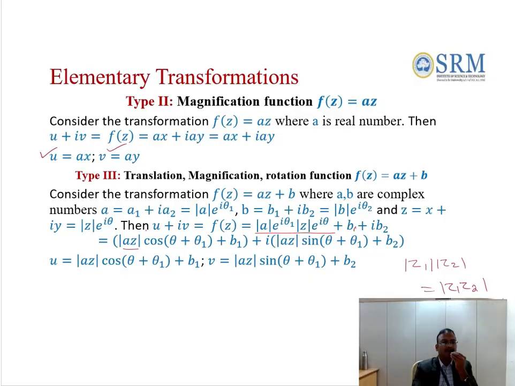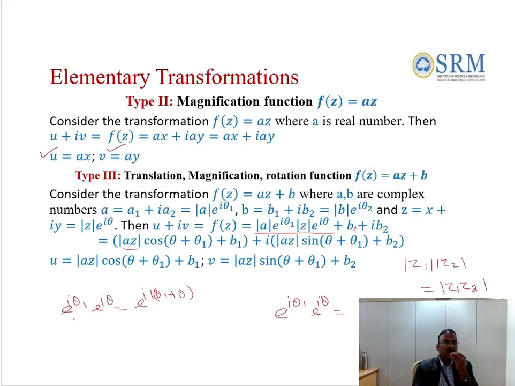By using this property, we can club this, so we get |az|, and then we have e^(iθ1) times e^(iθ). By using the power law, e^(iθ1) e^(iθ) = e^(i(θ1 + θ)).